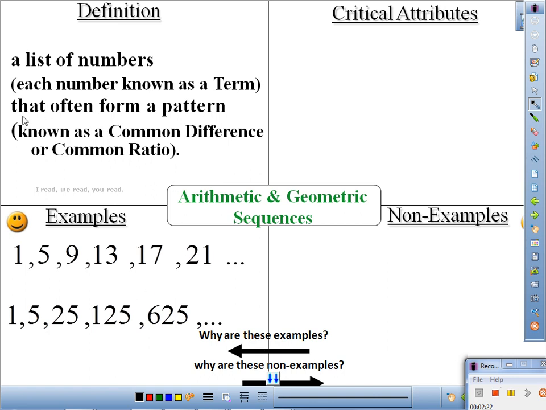Now, it says that arithmetic and geometric sequences are a list of numbers that often form a pattern. So watch. Look up to the screen. Here it goes. I'm going to look at the first list of numbers. I want to see what pattern they have.